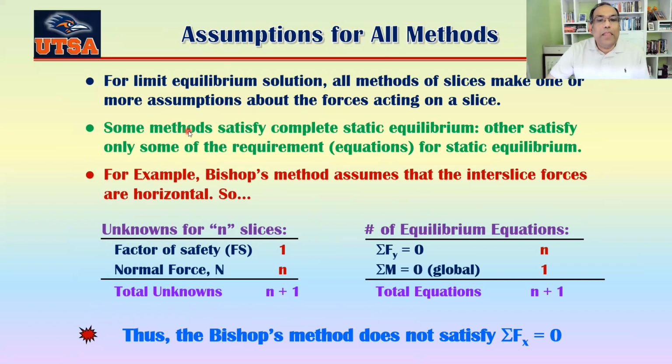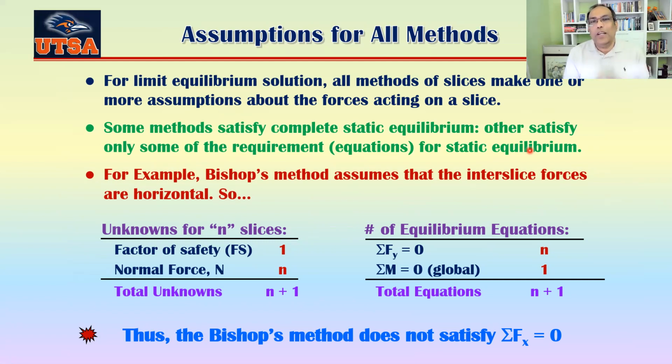Some methods satisfy complete static equilibrium, others satisfy only some of the requirements for static equilibrium. Okay, so it's very difficult to make sure that I have the same number of equations and the same number of unknowns. In many cases when you assume anything, they may not satisfy all three equations.